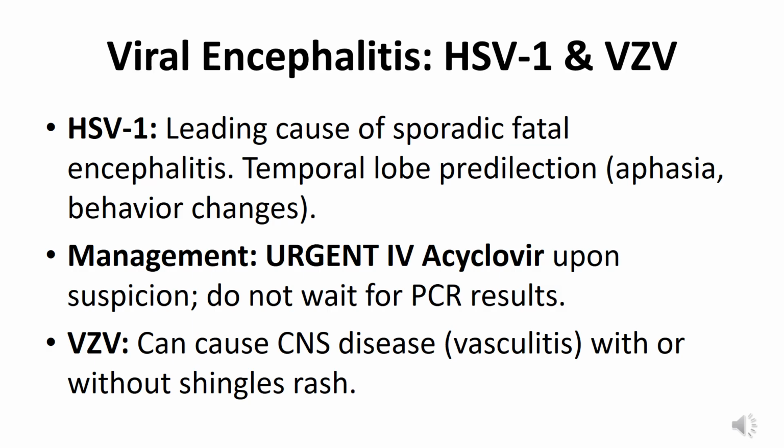Family members may notice sudden personality changes. A previously calm individual may become agitated, confused, or inappropriate. Others may develop memory problems or struggle to find the right words during conversation. This language disturbance, known as aphasia, is a classic clue to temporal lobe involvement.